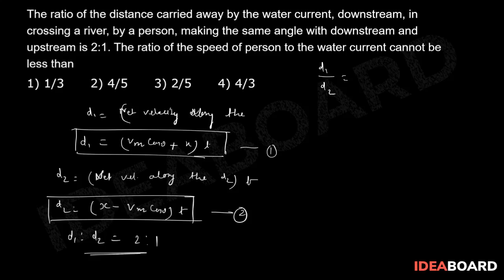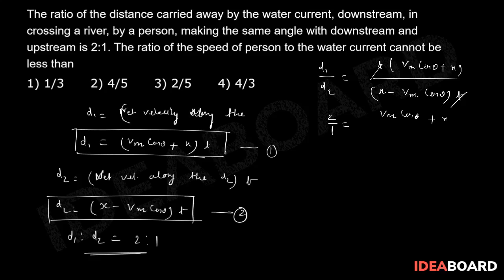So d1 to d2 is t into Vm cos theta plus x upon x minus Vm cos theta into t. This t and t cancel out. This will be 2 to 1, which equals Vm cos theta plus x upon x minus Vm cos theta.